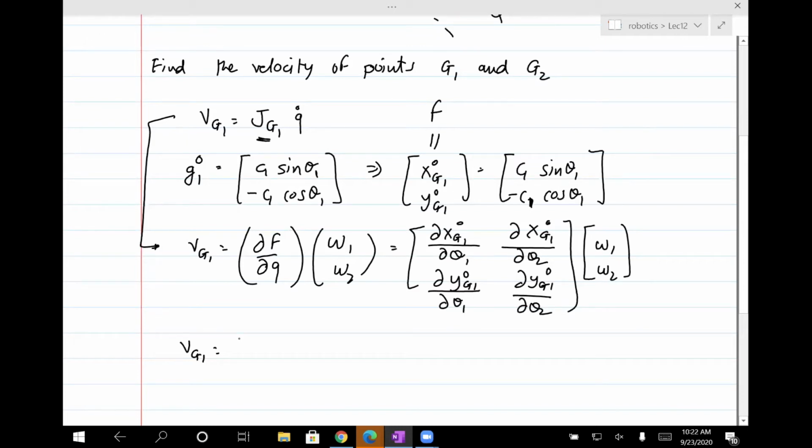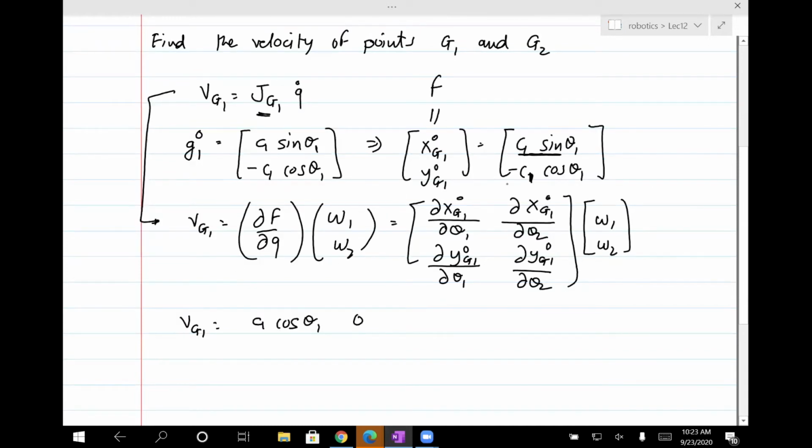The rate of change of xG1 with respect to theta 1 is simply C1 cosine theta 1. The rate of change of xG1 with respect to theta 2 is going to be 0, because there's no theta 2 there. Similarly, the rate of change of yG1 with respect to theta 1 is C1 times the derivative of cosine, which is negative sine, so C1 sine theta 1.